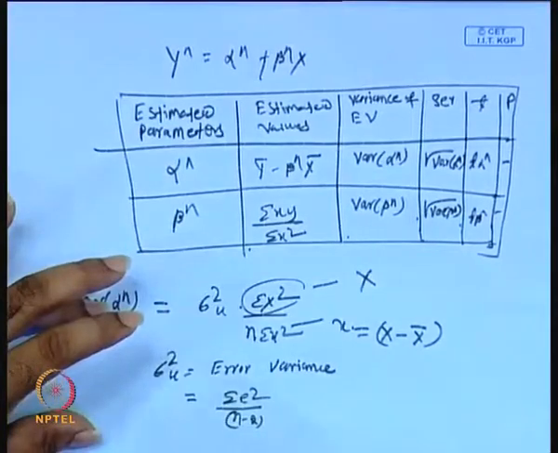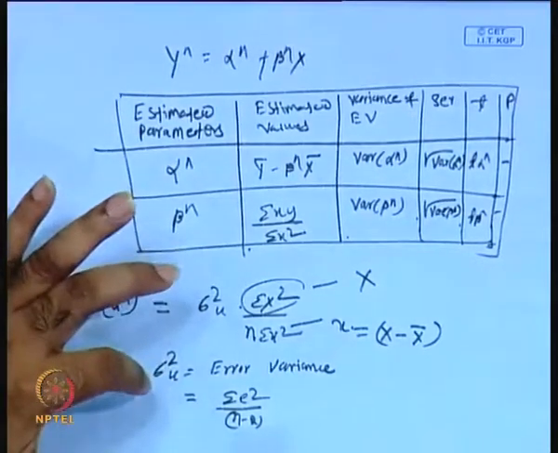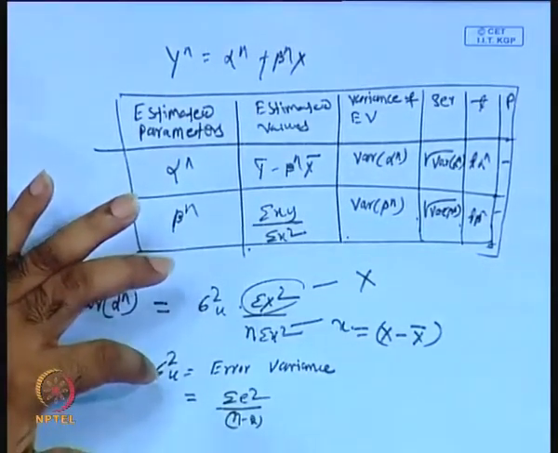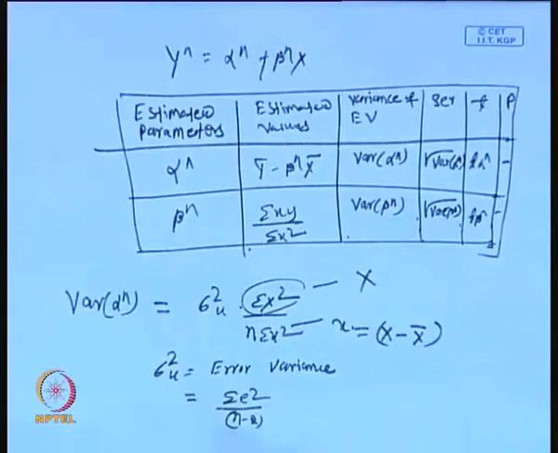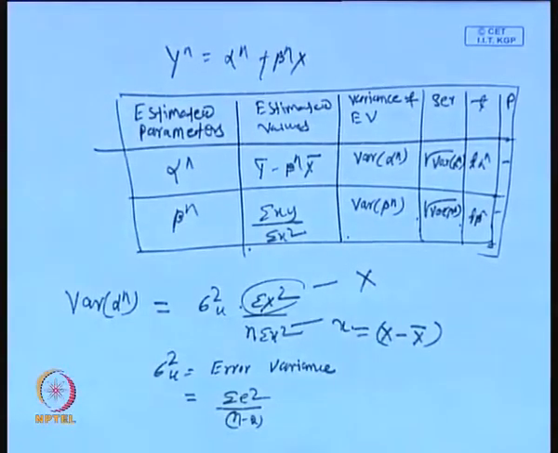Sigma square u equals summation e square by n minus 2. Here we can put it in another way: summation e square by n minus k. Actually, k is the number of variables or number of parameters in this particular system.